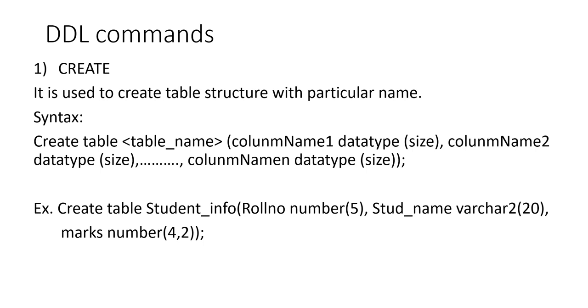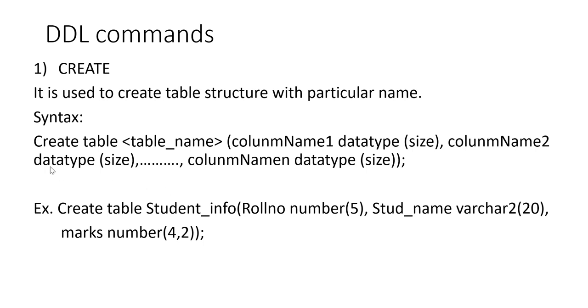The very first command is the create command. It is used to create the table structure with a particular name. This first command falls under the data definition language commands. Every command has its specific syntax.